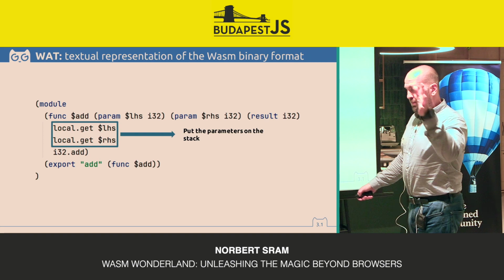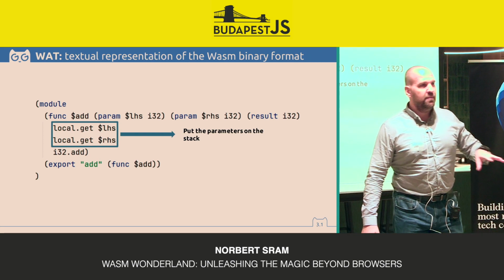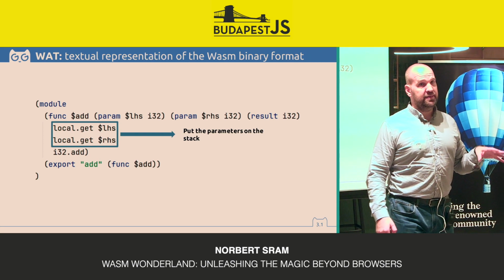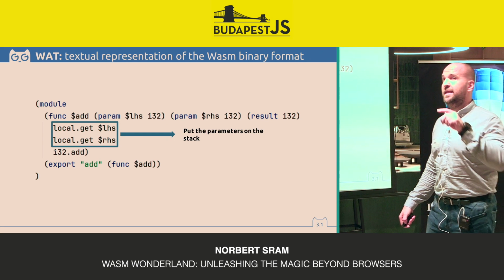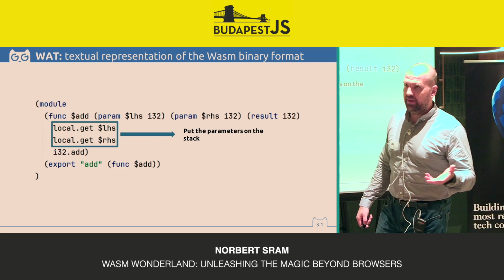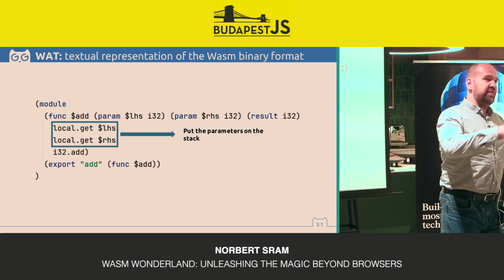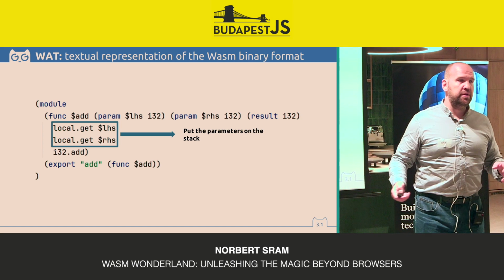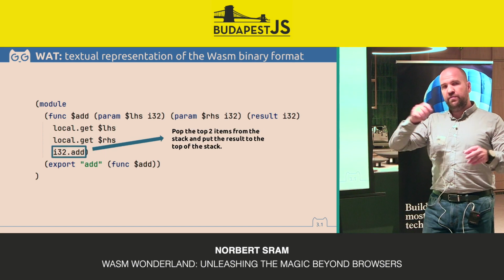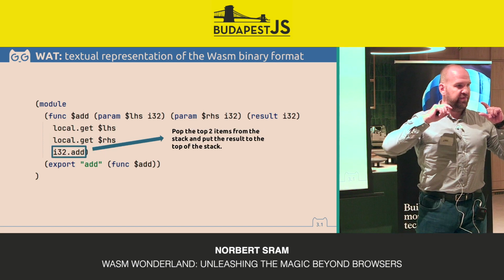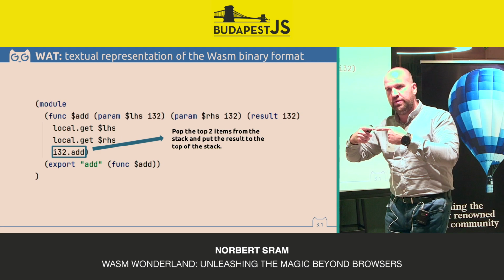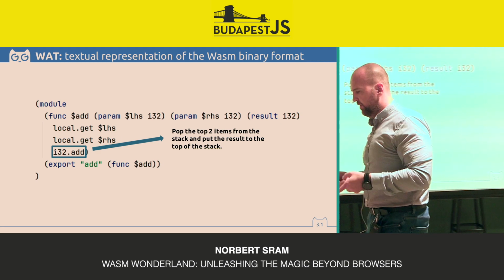Executing actions is a bit tricky, because if you remember the definition, and I did not highlight that part, it says it's a stack-based virtual machine, meaning it works in a way that you put stuff on top of the stack. If I execute an addition, then like here, what I would do, it takes the top of the stack off, does its operation, and then puts the result back on top of the stack.